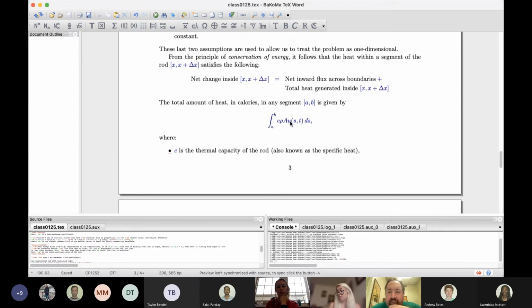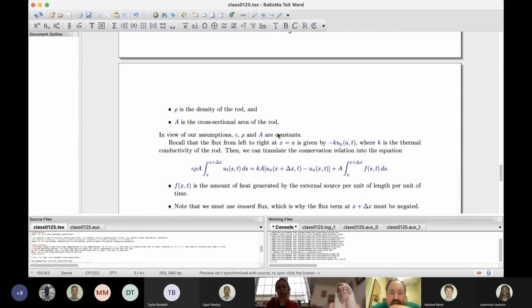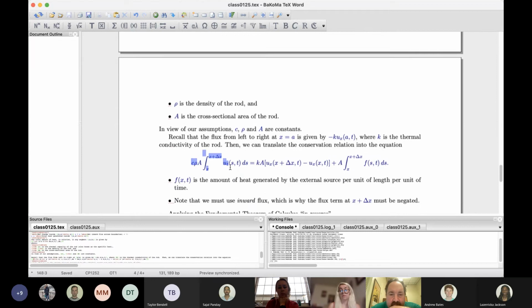But the only thing here that depends on t is the temperature U. So on the left side, I just have the derivative of that previous integral with respect to t. And because c, rho, and A are all constants, I pull them out.